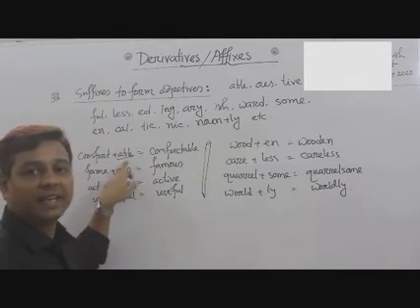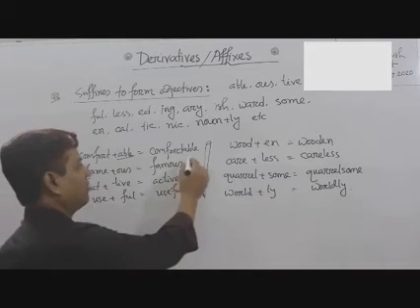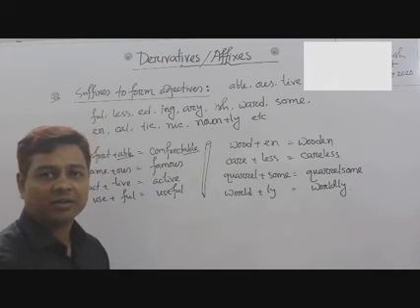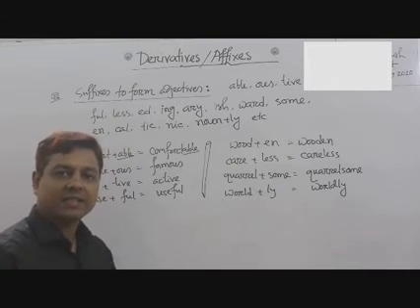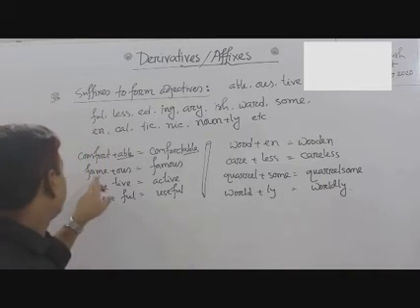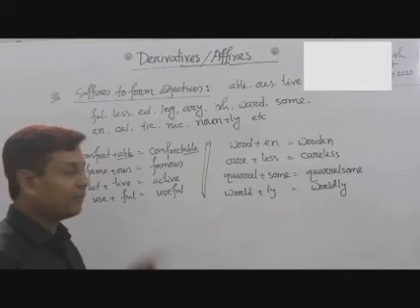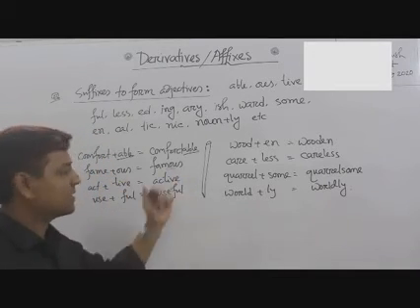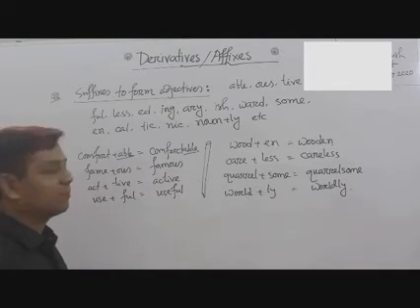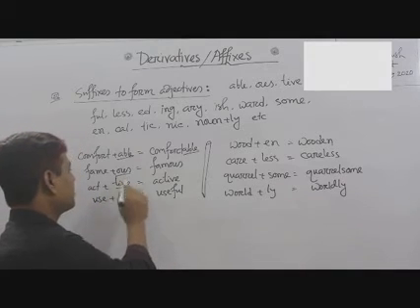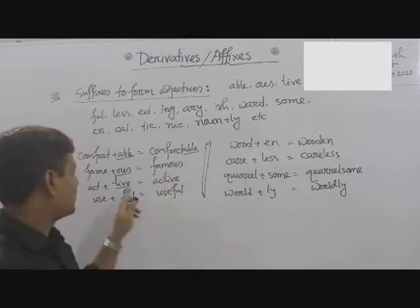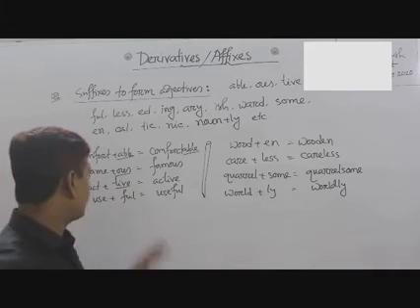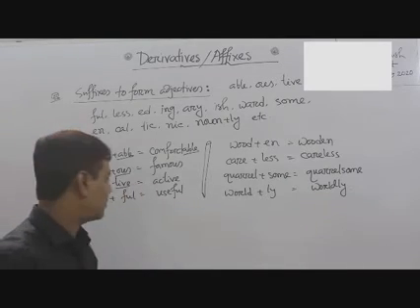Comfort plus able, comfortable. If you get able at the latter part of any word, you can say that it's an adjective. Fame, F-A-M-E, fame plus ous, famous, is an adjective. Act plus ive, the ive suffix is used to form the adjective form of act, and that is active.